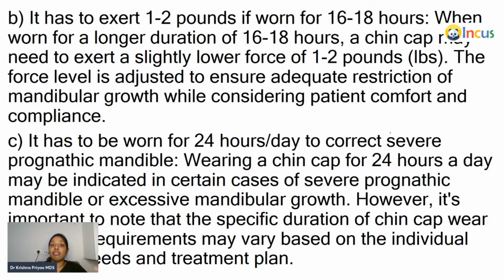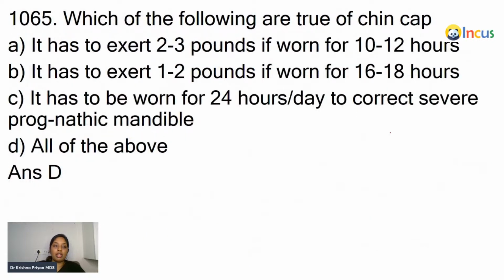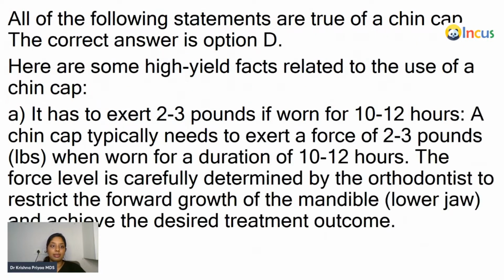When the duration of wear is more, the pounds given initially get reduced because it is going for a long period of time. Don't confuse yourself the other way. When he wears it almost all the time, the force given is going to be less because it is being used for a longer period. That's why the answer is all of the above. The pound value has reduced when the duration has increased. That's how it works.